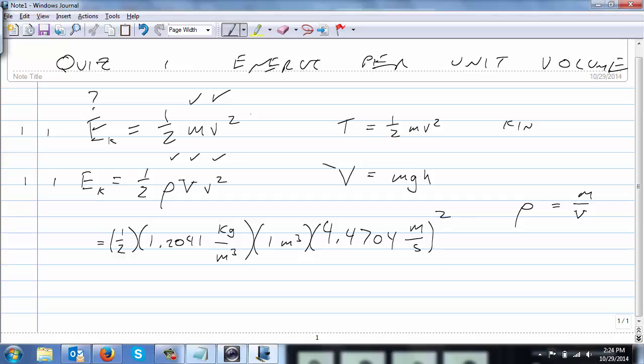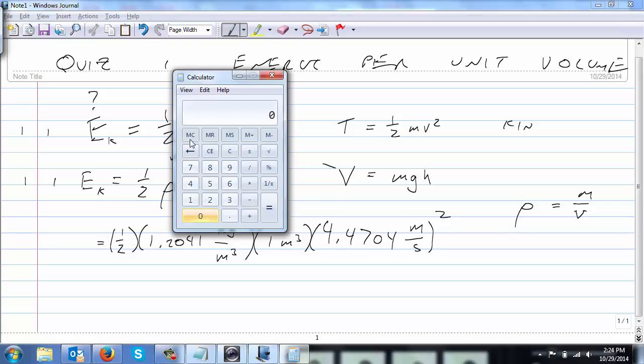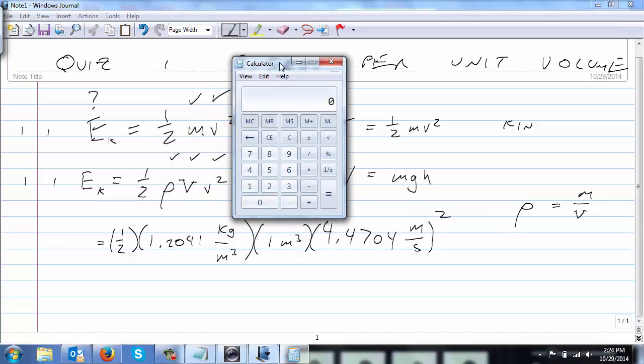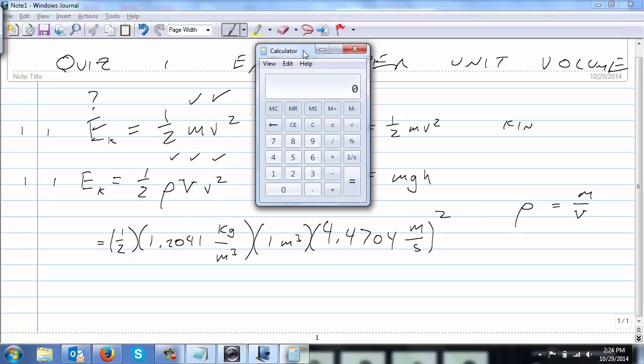Now, an important thing to keep in mind, and I think this can screw you up a bunch of times, is that you have to square the number and you have to square the units. Okay, so let's run this through the calculator, and it doesn't matter where we start. Everything is multiplication. I'm going to save that division by 2 until the last step.